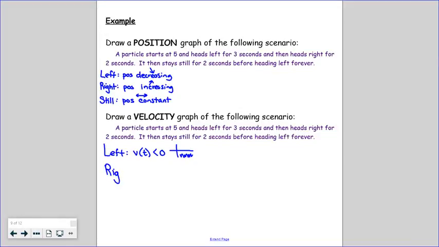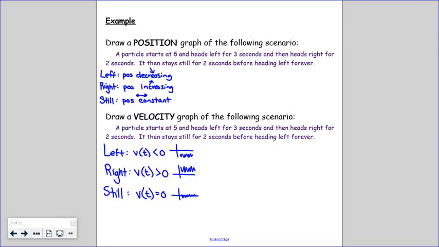If we are moving right, our velocity is a positive value, and positive values are above our x-axis. And if it is standing still, our velocity function equals 0. In a picture, that would mean on the x-axis. Okay.